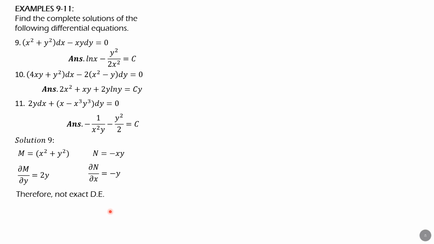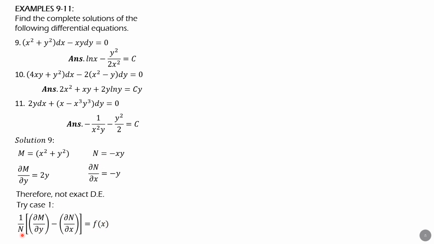So we set 1 over n, if you can recall, times quantity partial of m with respect to y minus partial of n with respect to x as f of x. That's the assumption from case 1.